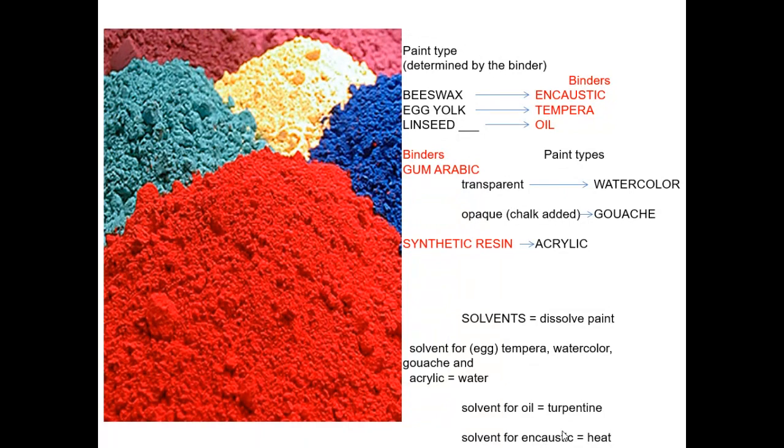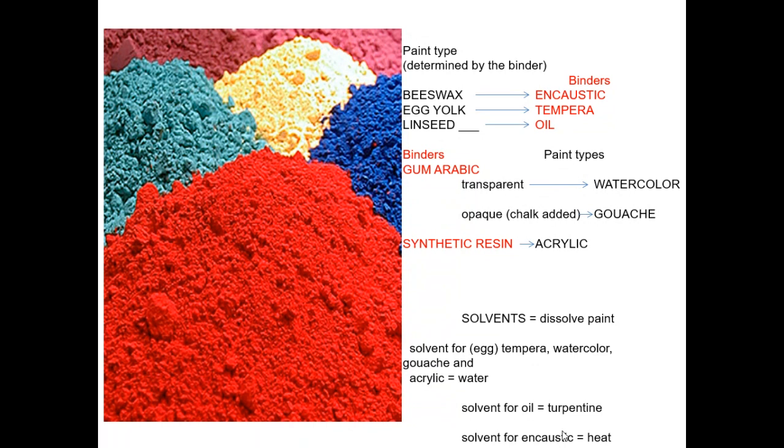So it looks a little bit more like what you might be familiar with from a craft store being sold as poster paint. The synthetic resin is the binder for acrylic paints, and those are the newest kids on the block, so to speak. We've had acrylic paints available for use in fine art since the late 1940s, 1950s.